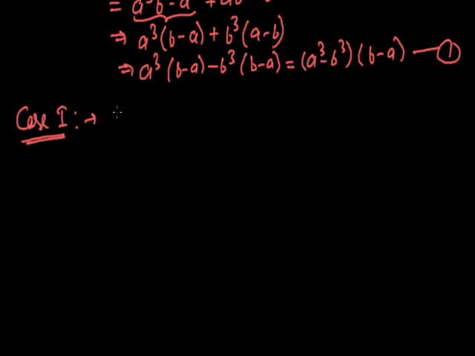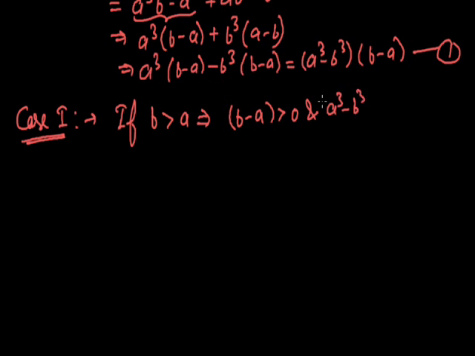In case 1, if B is greater than A, then B minus A will be greater than 0, that means a positive quantity, and A cube minus B cube will be a negative quantity. So the product of B minus A into A cube minus B cube will give us a negative quantity.